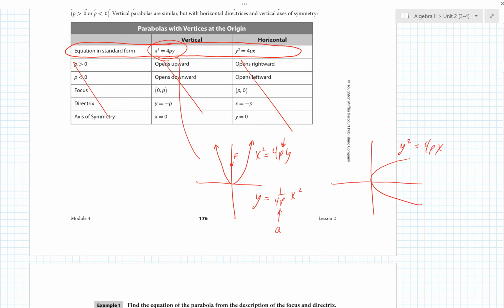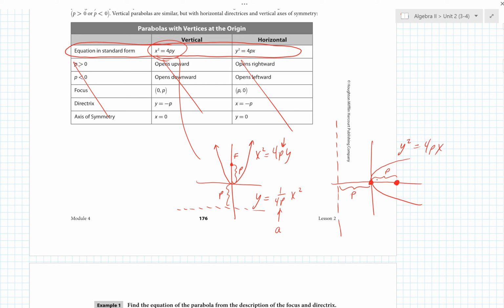So if this is the focal point, this distance will be p. The directrix is also p units away, so this distance will be p. On this parabola, same idea. The focus is there, this distance is p, and the directrix would also be a distance of p units away from the vertex of the parabola.